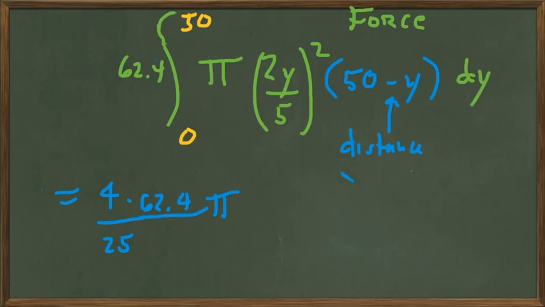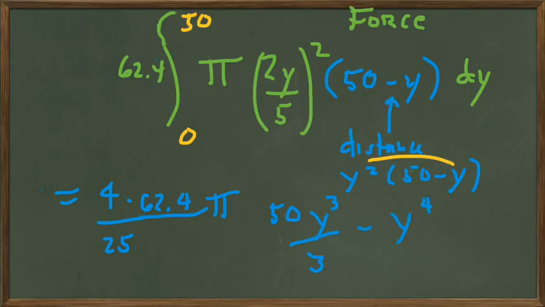And then under the integral sign, we've got y squared times 50 minus y, which when we integrate gives us 50y cubed over 3, since y squared integrates to that, and the y squared times the y that we have when we distribute this gives us y cubed that we're integrating, and it's subtracted, so minus y to the 4th over 4, evaluated between 0 and 50.